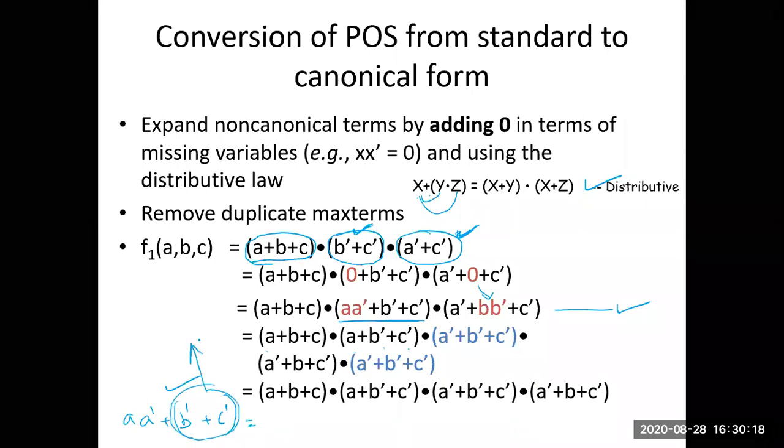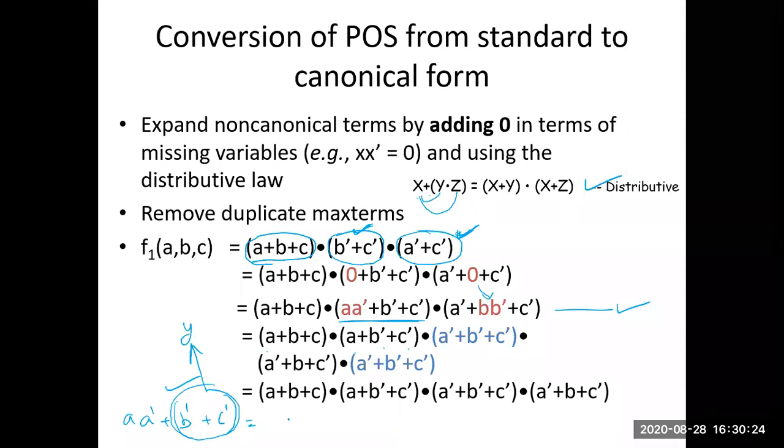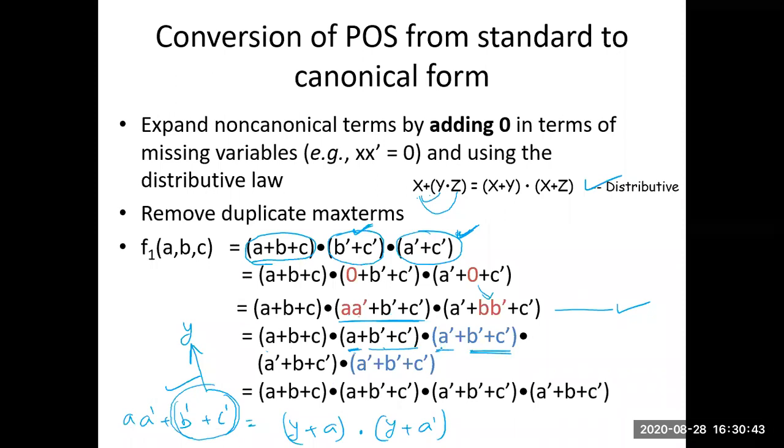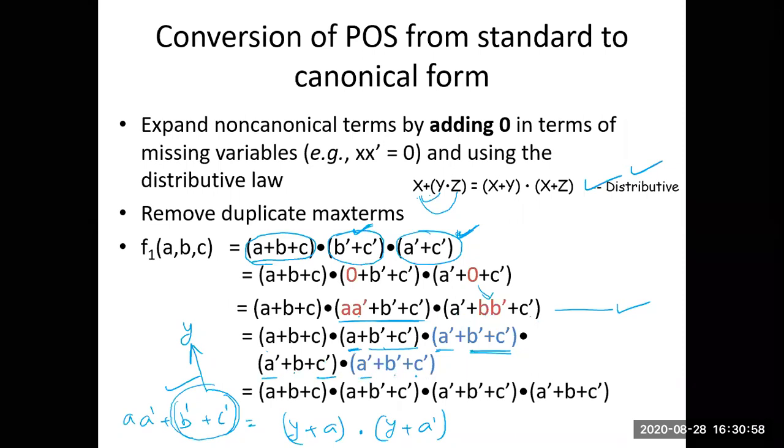I can take one variable, suppose y, and this is A bar. So I can write y plus A, dot, y plus A bar. The same thing I have done: I have taken B bar plus C with A, and in the second one B bar plus C with A bar. So I have implemented the distributive law. The same distributive law I have implemented for A bar plus C bar, and this B is separate here, this B bar is separate for the second case.